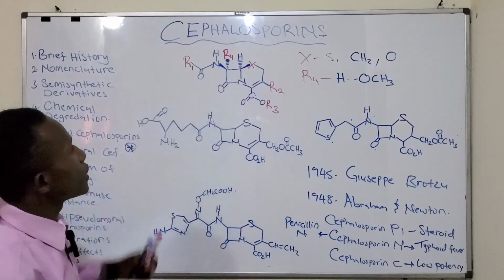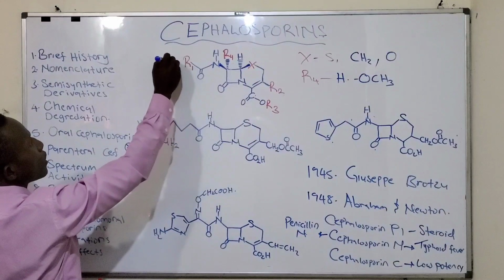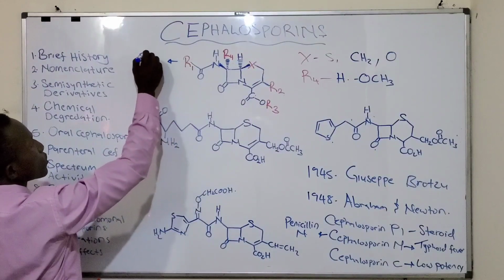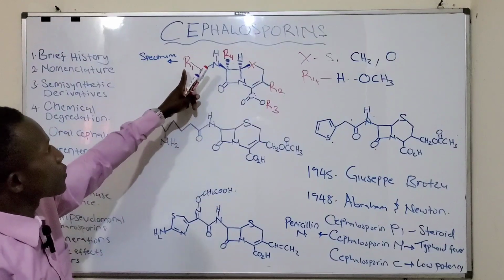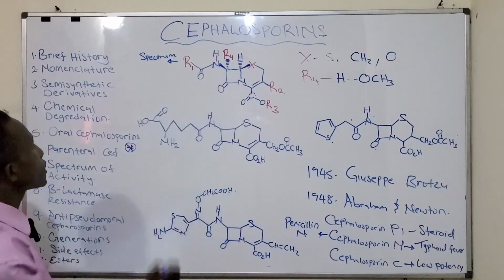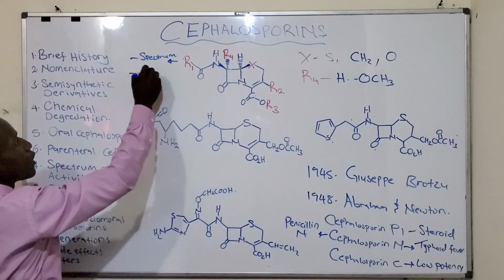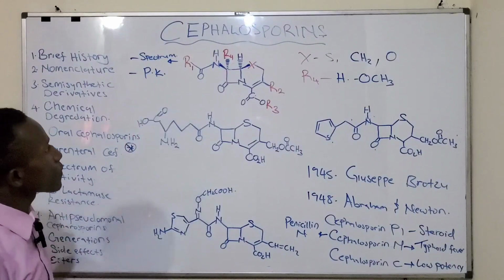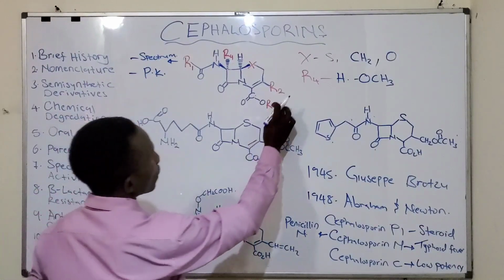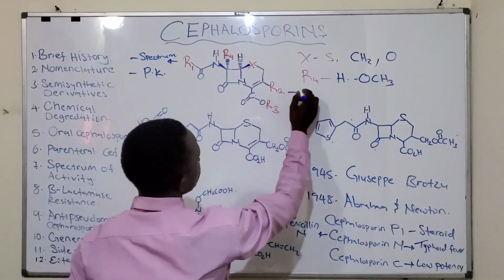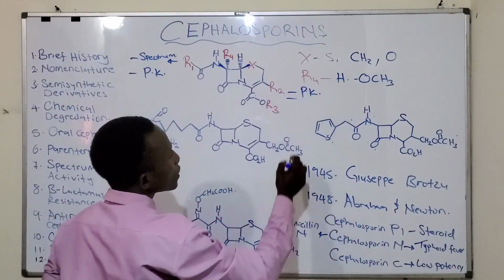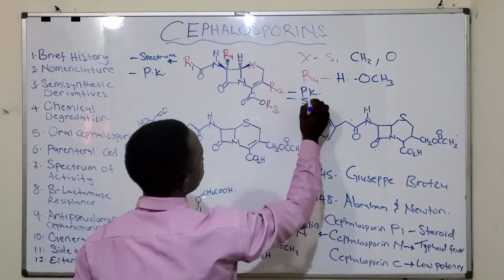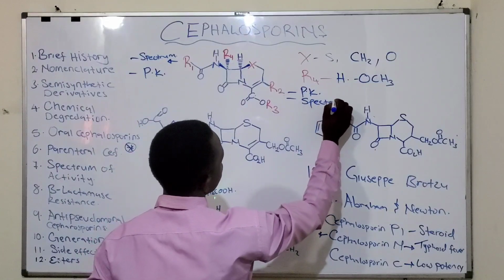This R1 mainly is responsible for the spectrum of activity. The R4 mainly is for spectrum of activity, but again, it can participate in the pharmacokinetics. Then R2 is mainly for pharmacokinetics, but again, it can participate in spectrum of activity.